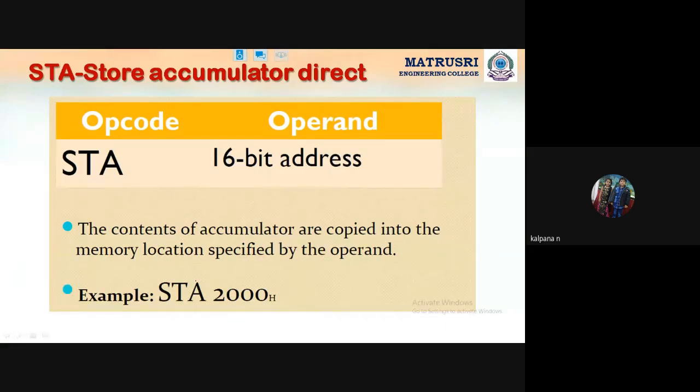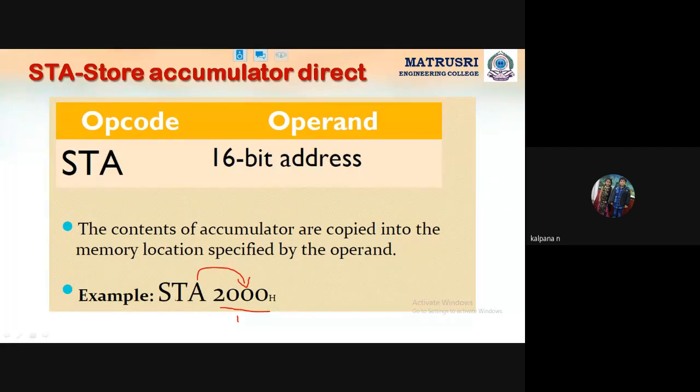Now what is the data present in the accumulator? For example, 20. That 20 we are moving into the 2000H memory location. In all the earlier instructions, what did we do? In this place we mentioned the source, meaning the data we want to move, and that is moved into the register, accumulator or memory location.